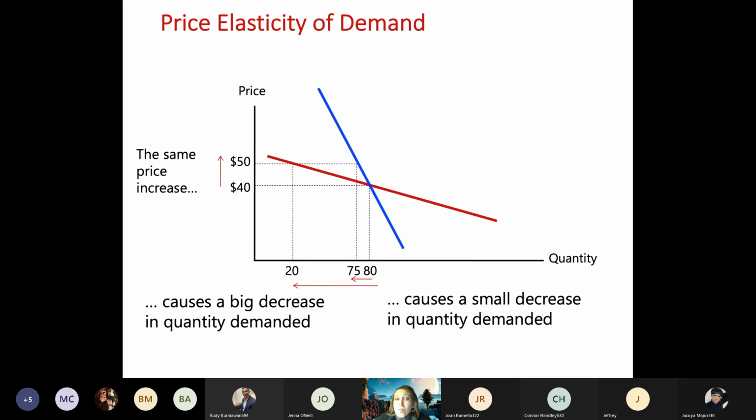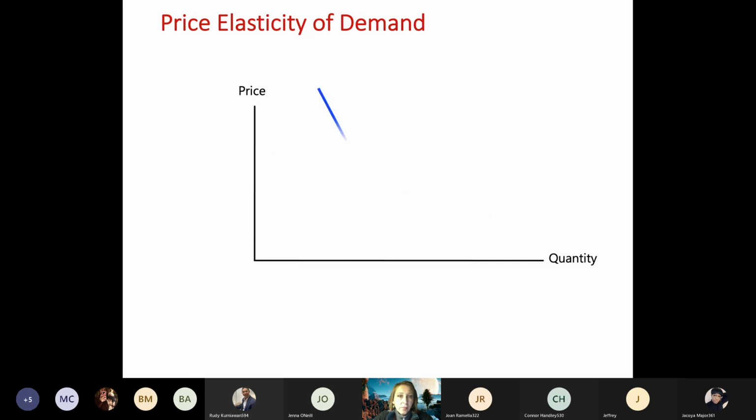Why would the buyers disappear all of a sudden? Well, maybe they have other places where they can buy hats in this market. And in the case of the blue curve, maybe buyers don't have any other substitutes for those hats, and they really, really need those hats.